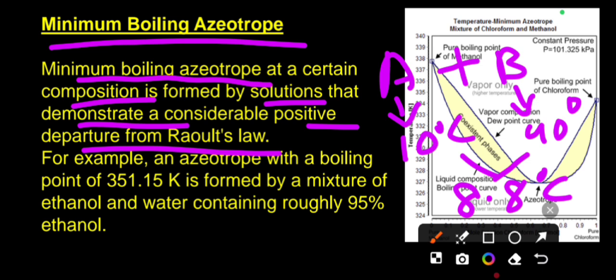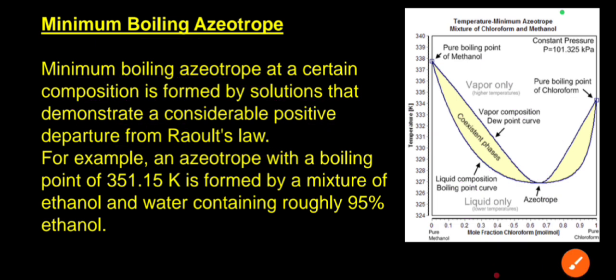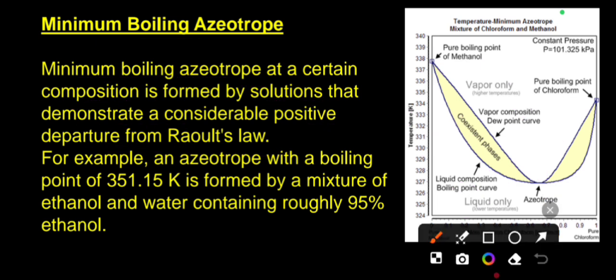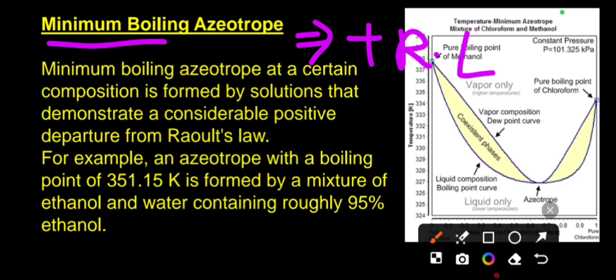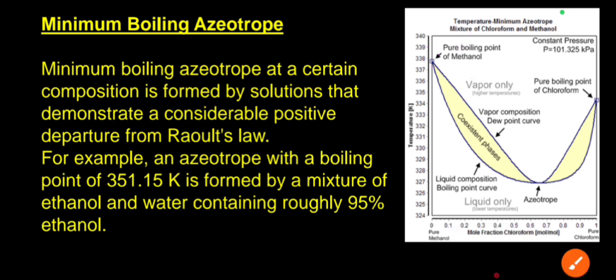One is positive, the other is negative. So here the minimum boiling azeotrope shows positive deviation from Raoult's law, meaning the opposite sign applies. If the deviation from Raoult's law is positive, then the azeotrope will be minimum boiling. Okay, so I will take an example.